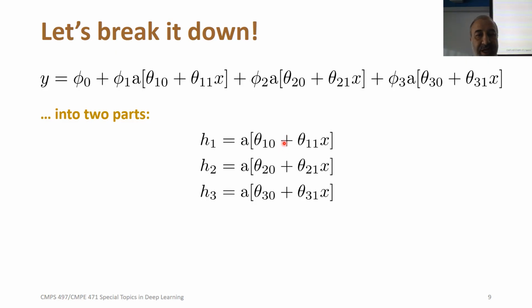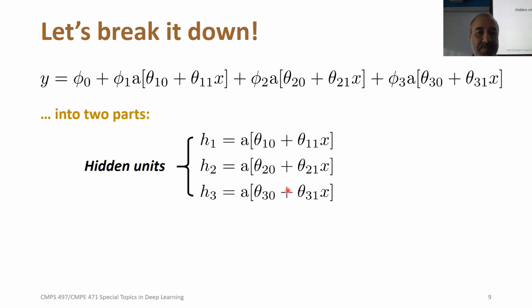So each one of these is called a hidden unit. So we have 3 hidden units in this model. So the hidden unit is a linear function applied as an input to the activation function.